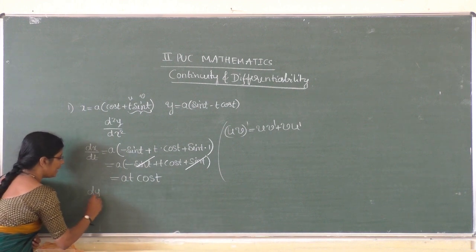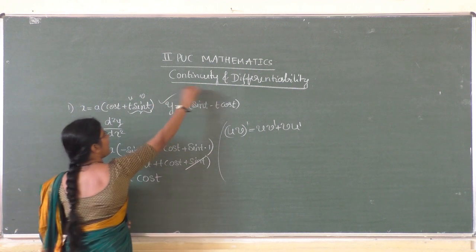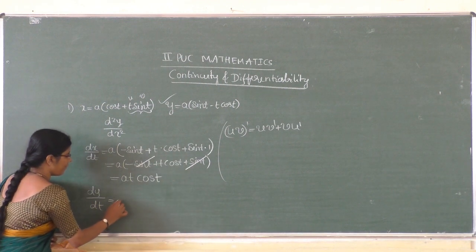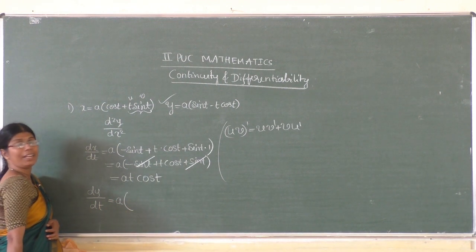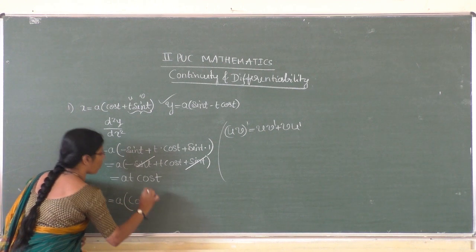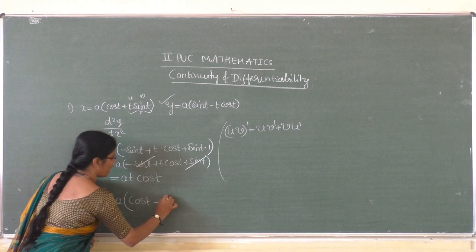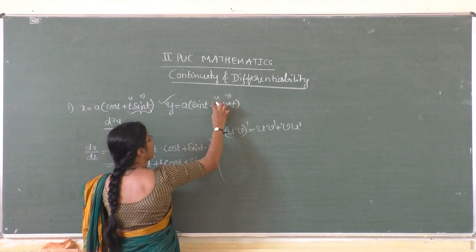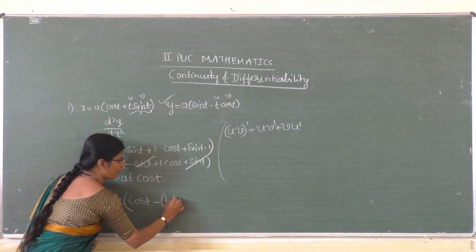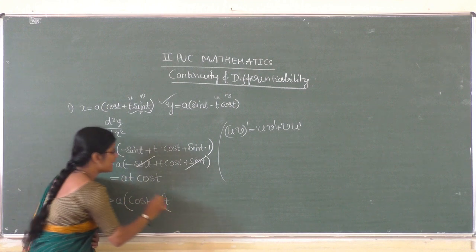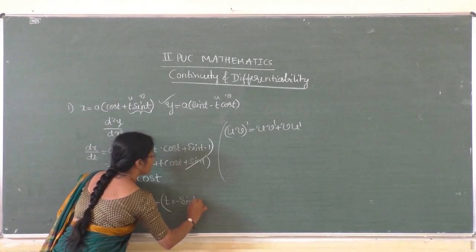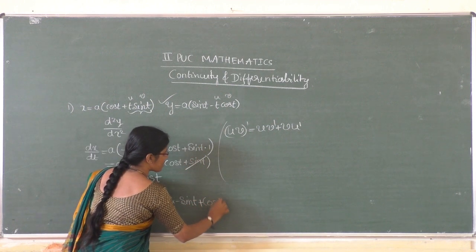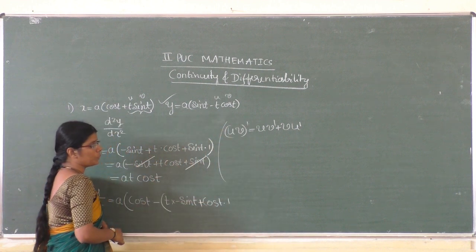Then what do we have to find? dy by dt. We have y is equal to a into sin t minus t cos t. So dy by dt is a into derivative of sine, which is cos t, minus, we apply the product rule, t into derivative of cos t, which is minus sin t, plus cos t into derivative of t, that is 1.